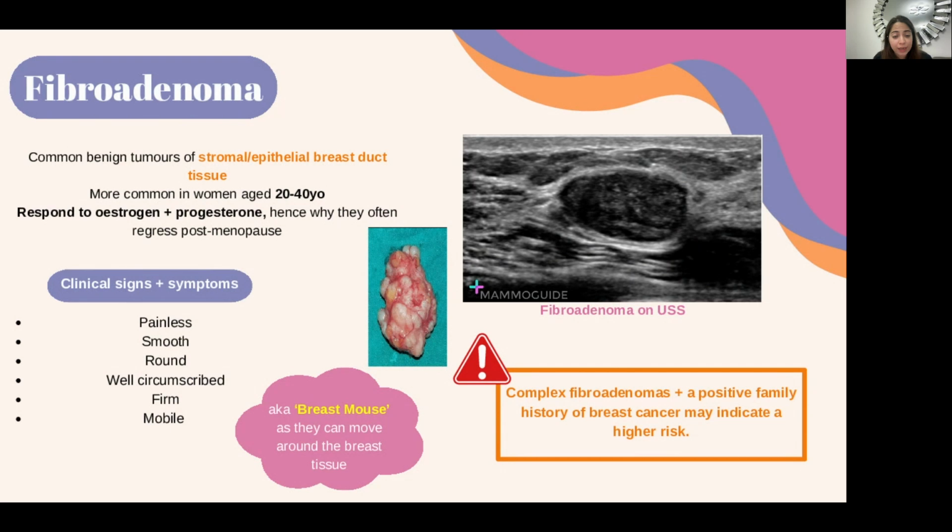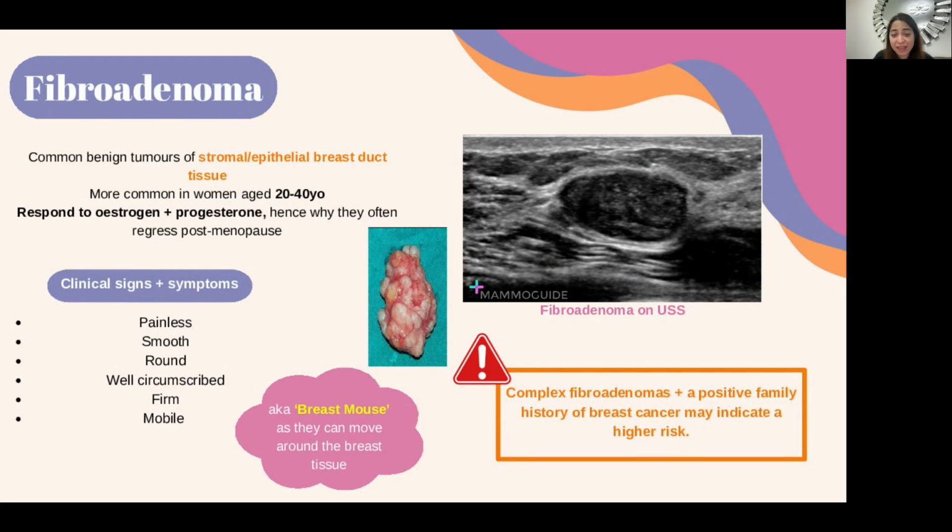They are benign, but it's very important to gain a good clinical history, and on examination find out about the lump, because if it's a complex fibroadenoma and the patient has a positive family history of breast cancer, then that might indicate a higher risk, and they'll need further investigations to rule things out and make sure that it is just a benign fibroadenoma rather than something more sinister.